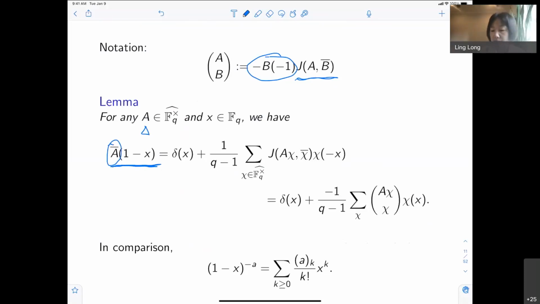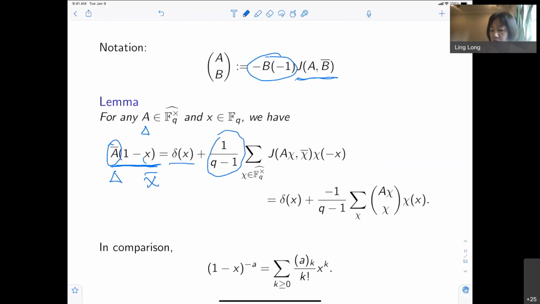By the formula provided before, when x is 0 you get a bar of 1, which is 1, so the delta term is delta x. Then you take the inner product, with the normalizing factor, of your character a bar with chi bar. What you get will basically be a Jacobi sum.